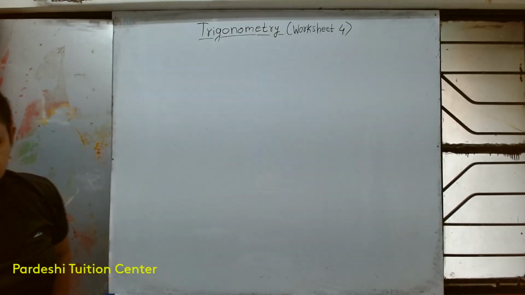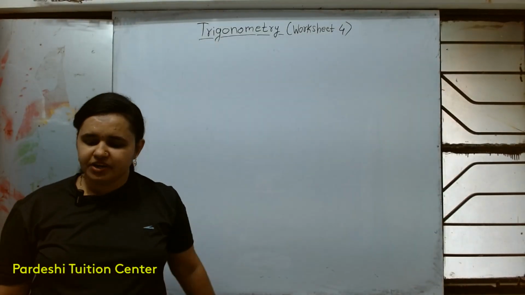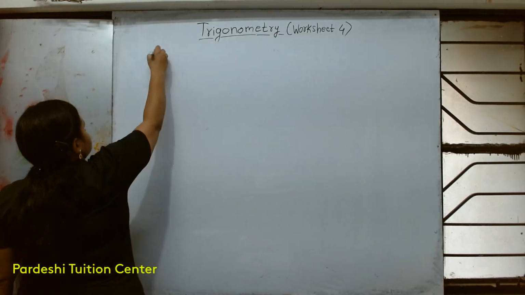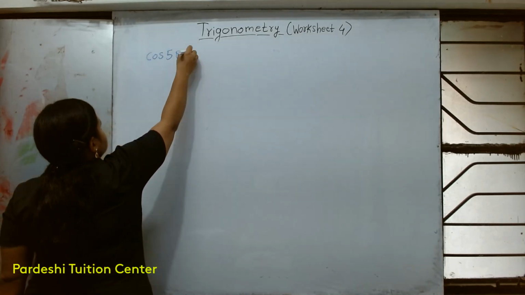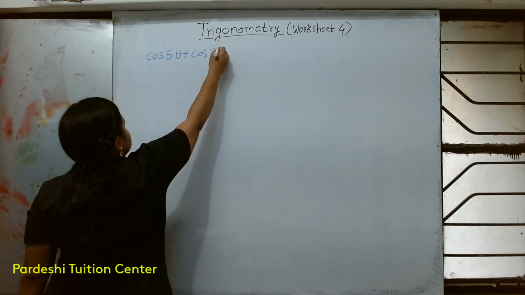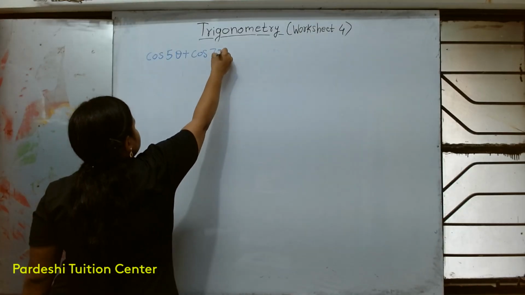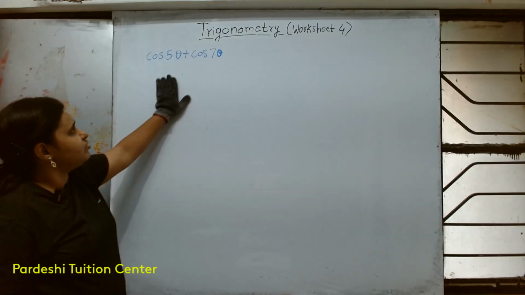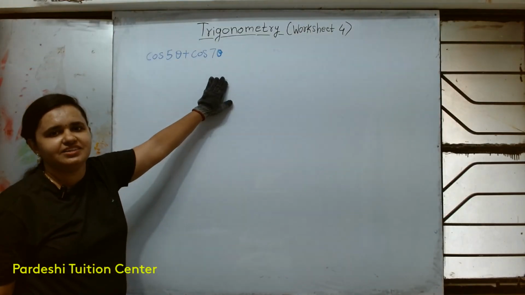Now 9th question, again cos 5 theta plus cos 7 theta. You got the clue, cos A plus cos B again.